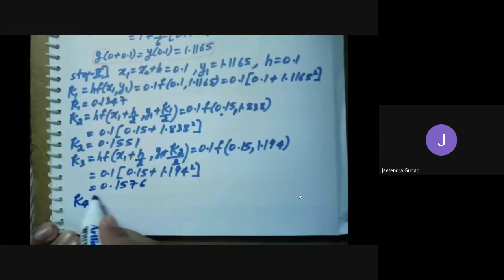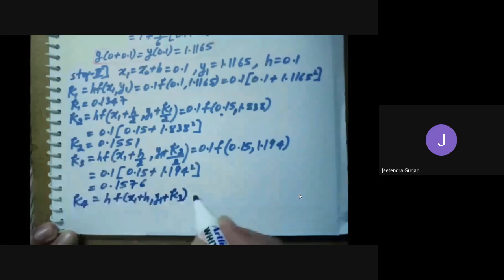So it is going to become 1.194, students. So when you square it, you are going to get 0.1576. Some internet issue is there. Visible means you write it down. That is not a problem.